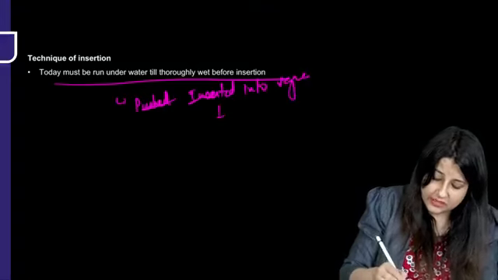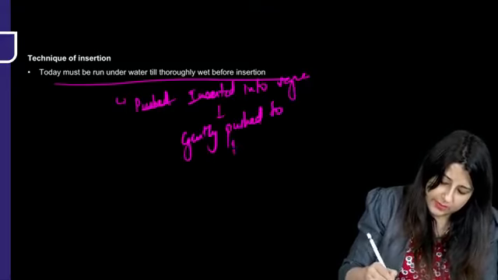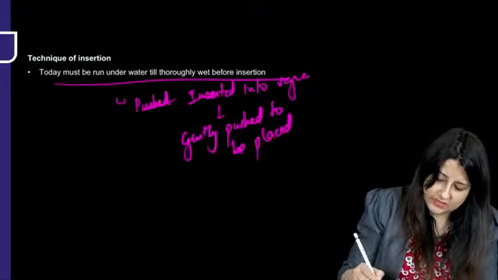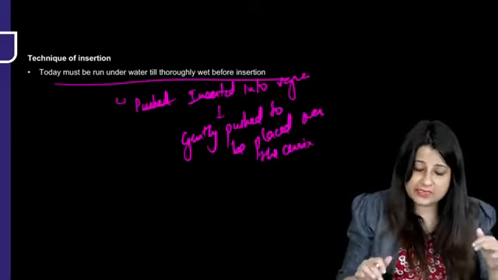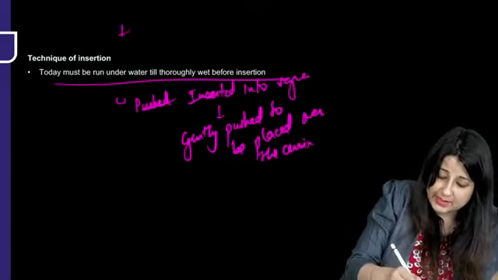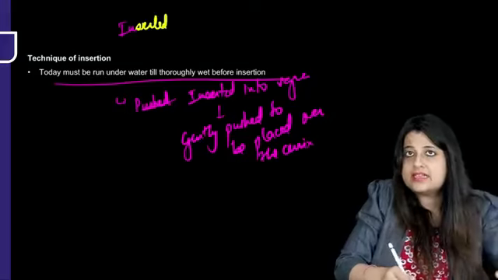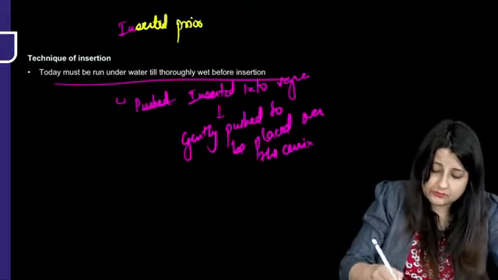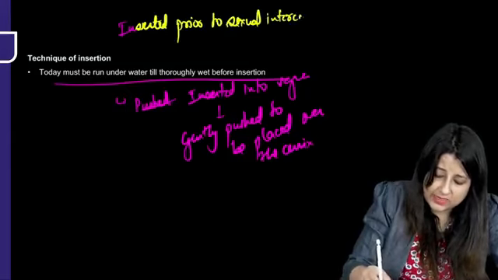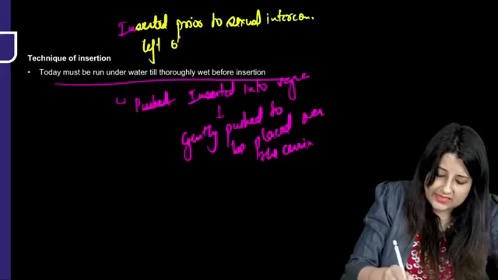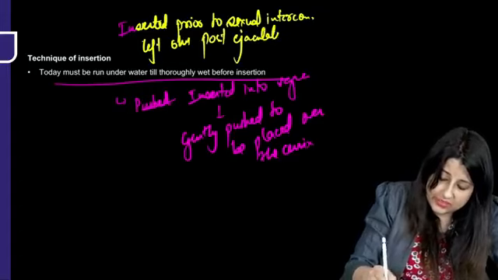Then it is gently pushed to be placed over the cervix. It has to be inserted prior to sexual intercourse. Same thing as we did for the vaginal diaphragm. Okay, and then it has to be left for 6 hours post ejaculation.